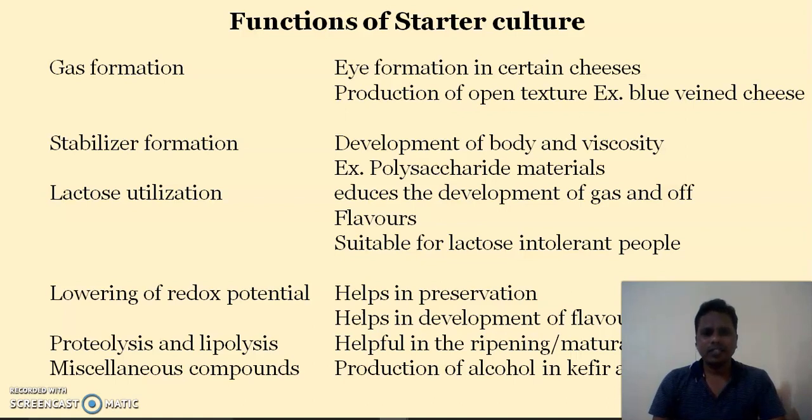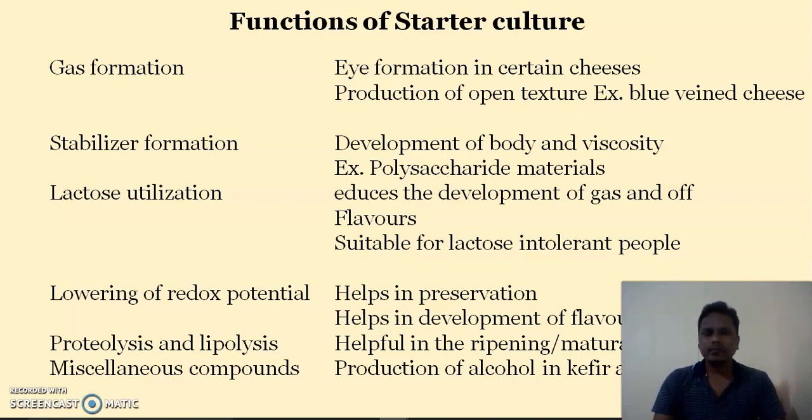A characteristic of some Italian cheeses is eye formation, and these eyes are generally formed due to the gas formation by the starter culture. So eye formation is the main characteristic of some Italian cheeses.